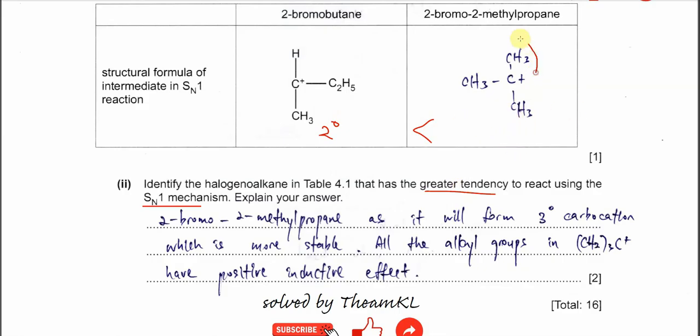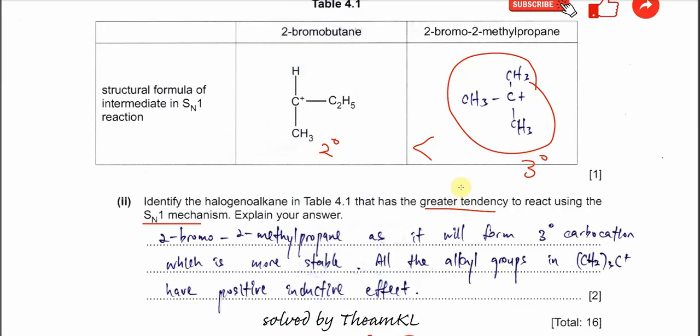So this one. Because the tertiary carbocation is more stable as compared to this secondary, it means the 2-bromo-2-methylpropane will more likely undergo the SN1 mechanism. So this is the first understanding that you must have. Based on the types of the carbocation, then we see which one will undergo the SN1 mechanism.